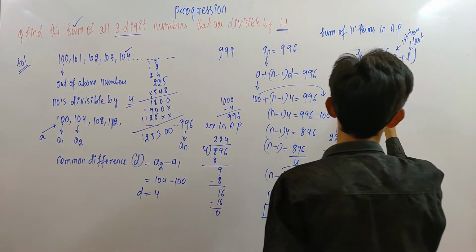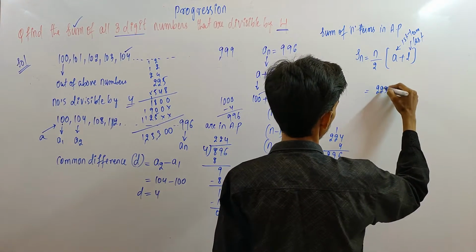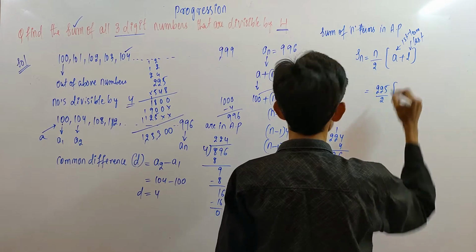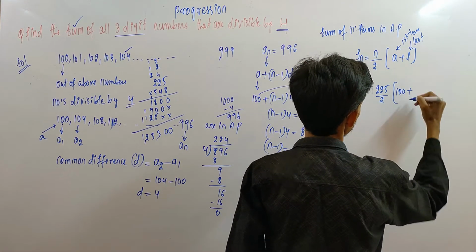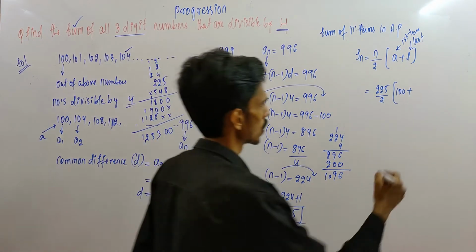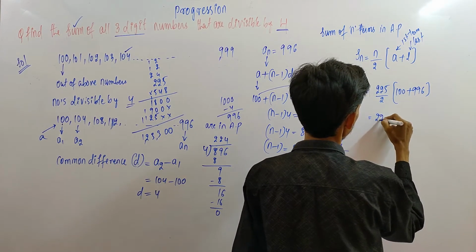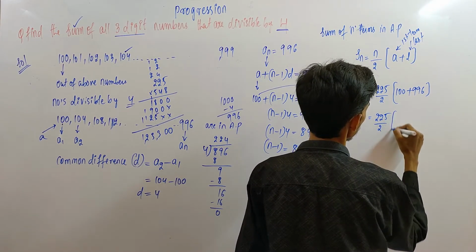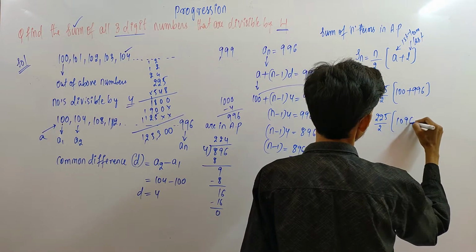So first plus last. Here we have the n value as 225. 225 divided by 2, the a value we have is 100. So take 100 plus the last term in the sequence, which is 996. So we have 225 divided by 2 into 100 plus 996, which is 1096.